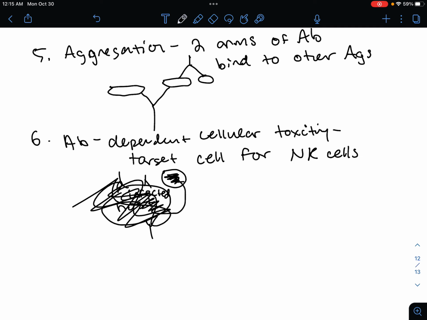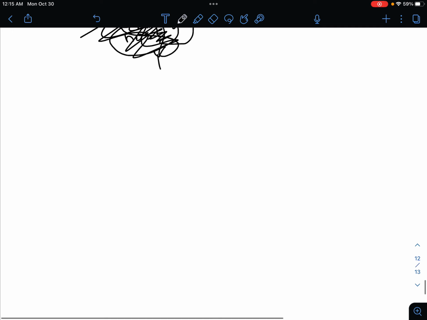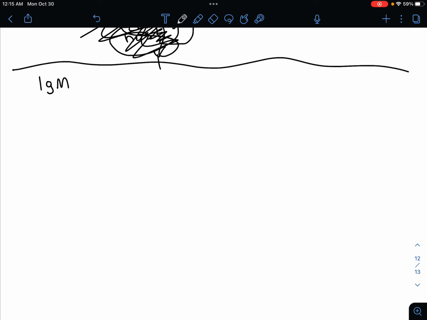We have 5 major classes of antibody. I'm just gonna list them out. So we have IgM. This is going to be a pentamer antibody, so it's going to look kind of like a pentagon with all those like crazy Y's coming off of it.